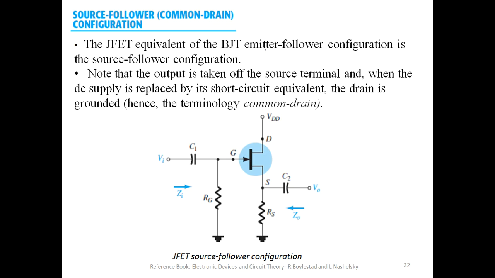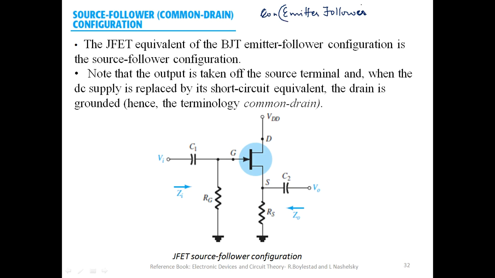With respect to a BJT, its counterpart circuit is called the emitter follower. I hope you must be remembering the emitter follower circuit, which you studied in your basic electronics.